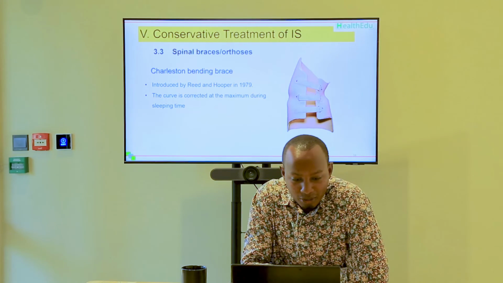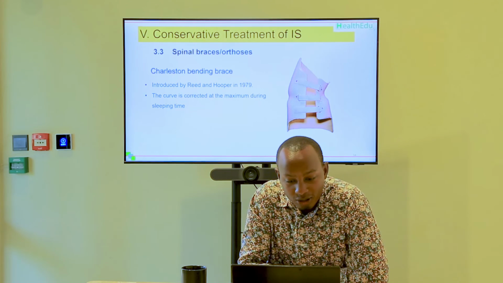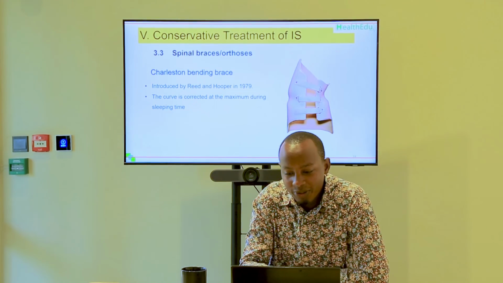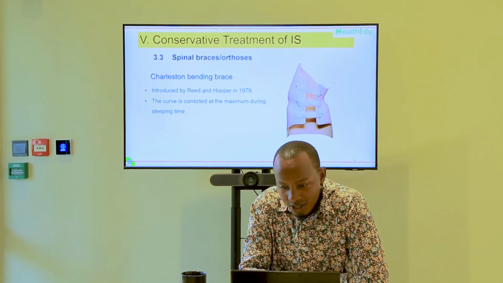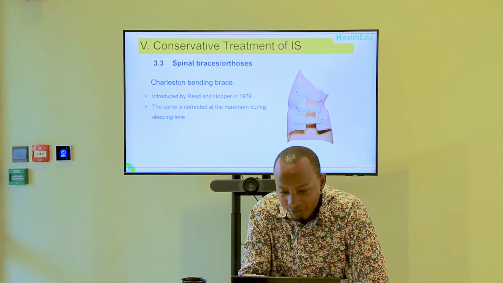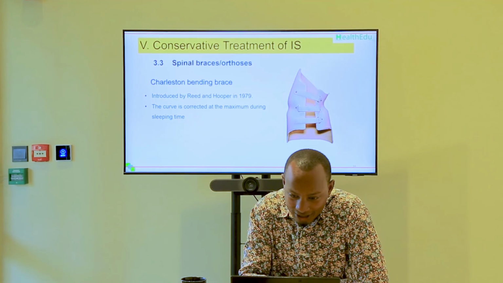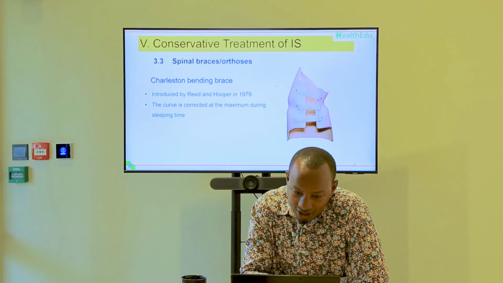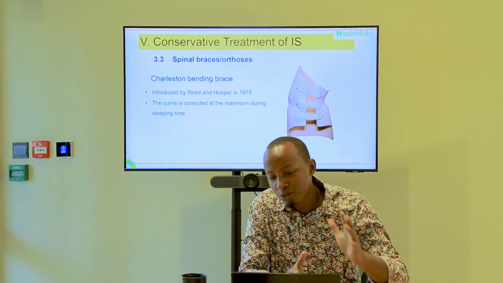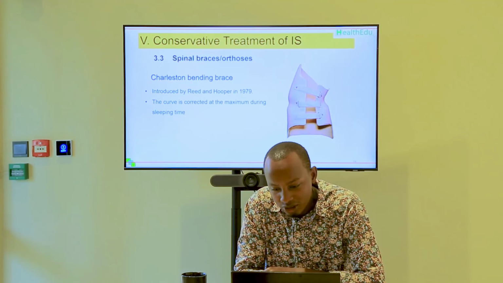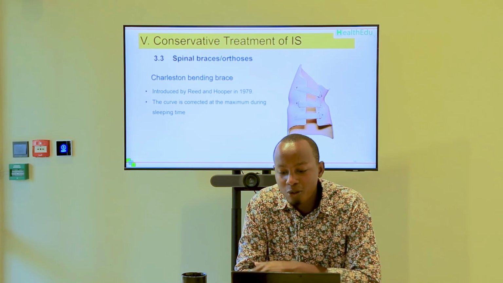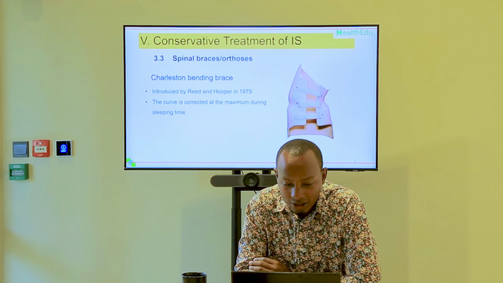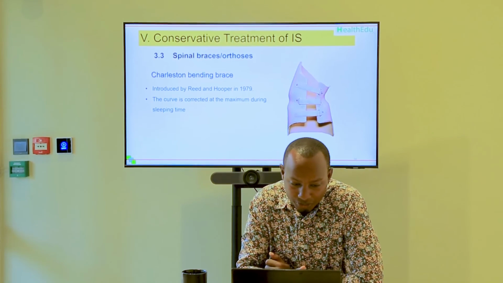The Charleston bending brace was introduced by Reed and Hooper in 1979. As you can see from this picture, it's overcorrecting. If the patient has the curvature toward this side, there is maximum correction to the side which is convex, so that you can correct the curvature.